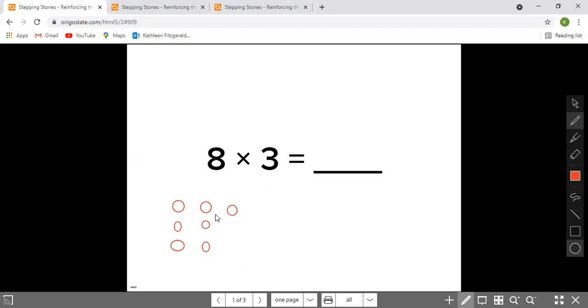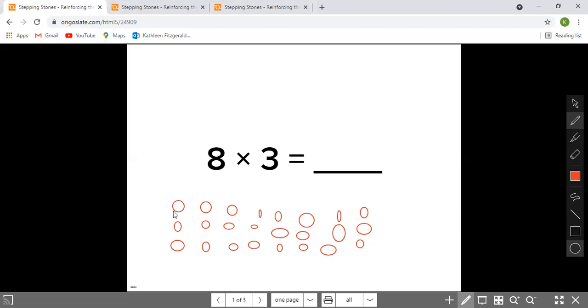So we've got 3, 6, 9, 12, 15, 18, 21, and 24.